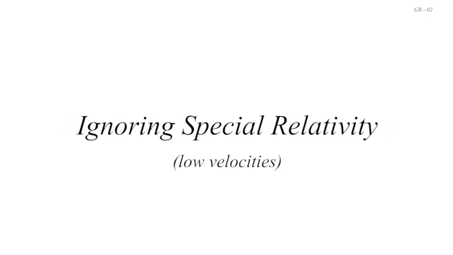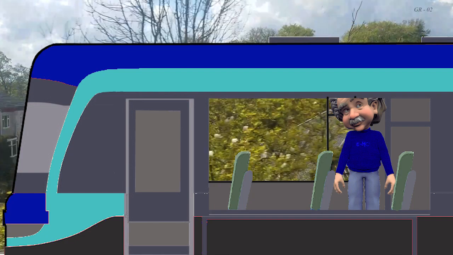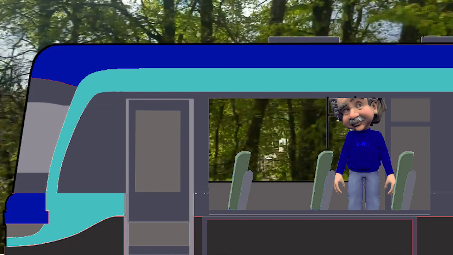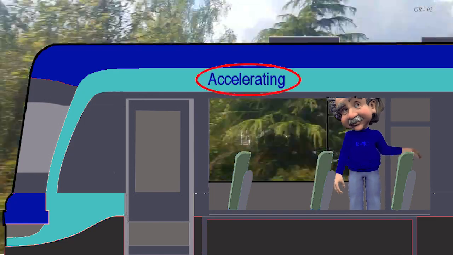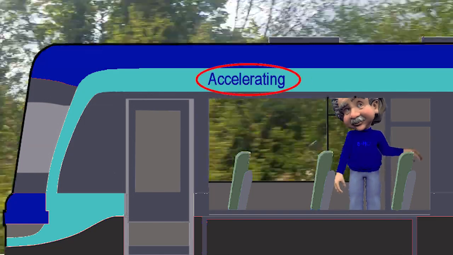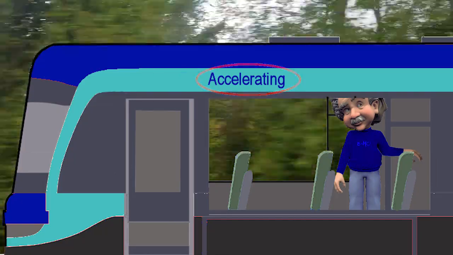Still ignoring special relativity and keeping to relatively low velocities, let's go back to the train experiments. And let's imagine a third situation where the train and the person in it using the blue coordinate system are accelerating uniformly relative to the outside observer back on the platform, the one using the red frame of reference.